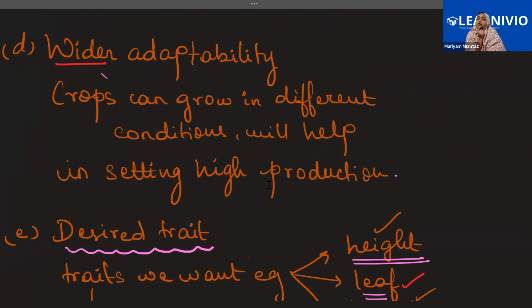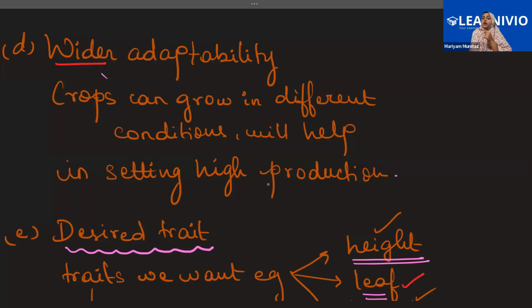So if we improve the crops in such a way that they have a wider adaptability, meaning the crop can go anywhere, it can adapt better and produce a better crop, like better food, vegetables or fruit. So the crops can grow in different conditions and it will help in getting high production.